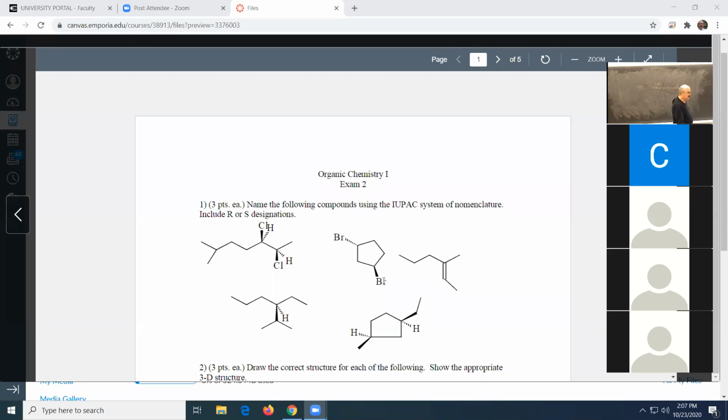Bromine is 1. And then the third carbon over here, these are the same, so this side has higher priority than that side, so it goes 1, 2, 3. Hydrogen is back, and so this one is also R. That's 1R, 3R, 1,3-dibromocyclopentane.